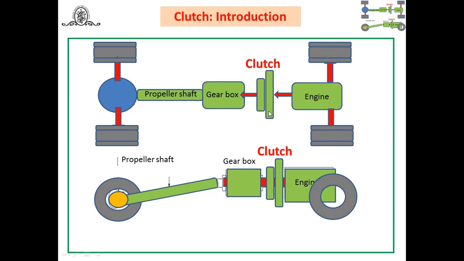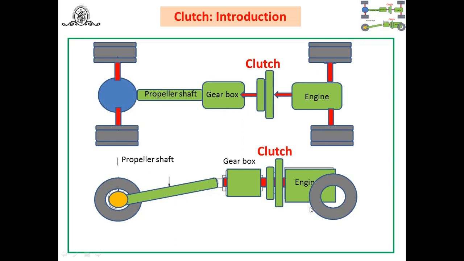When the clutch is engaged, torque is transmitted from the engine to the gearbox, and when it is in the disengaged position, that is the neutral position, no power or motion is transmitted from the engine to the gearbox. I have drawn this figure just to show the position of the clutch, in between the engine and gearbox. Remember this.